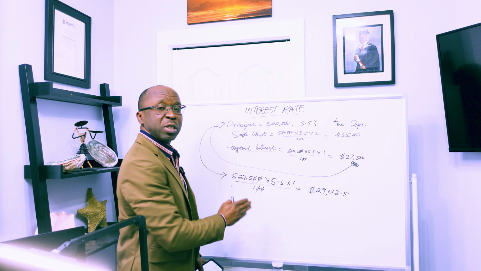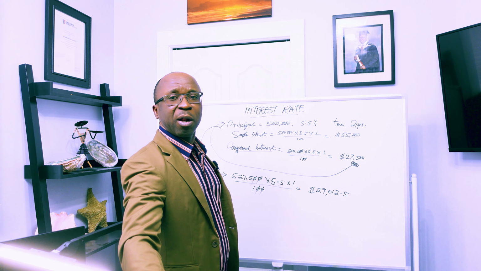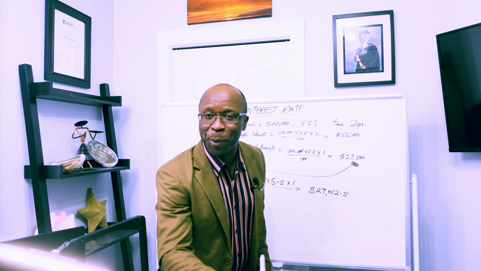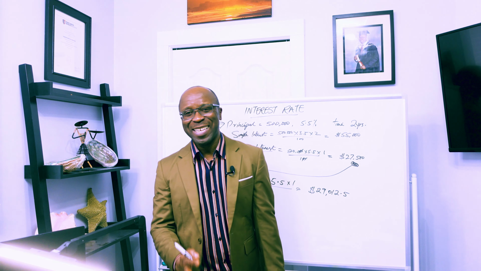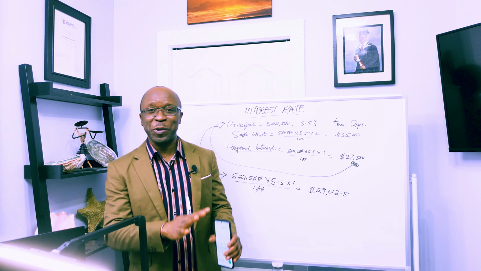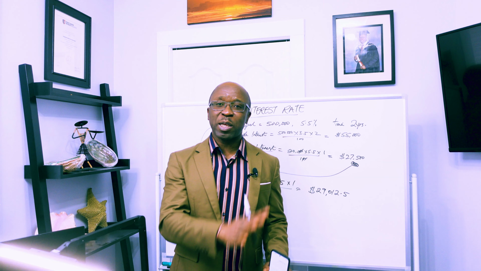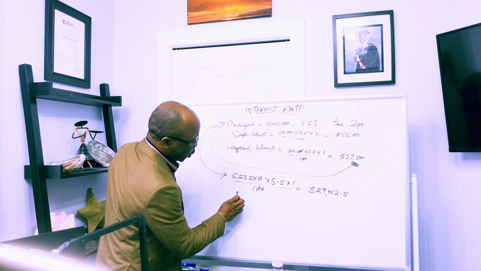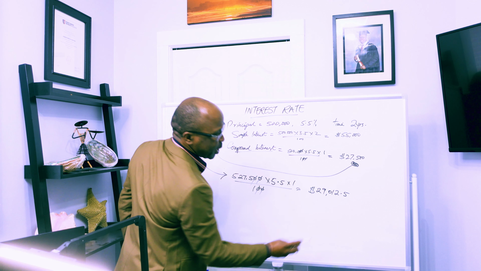For simple interest, you just do a general calculation and it gives you a simple answer. For compound interest, you're going to be calculating each year separately and then you add all of them together. So you do this one, you get this.